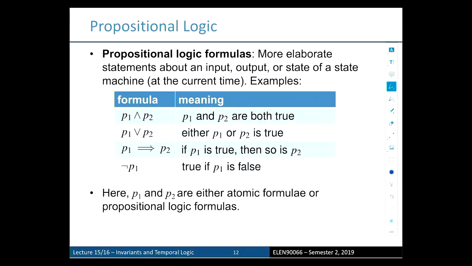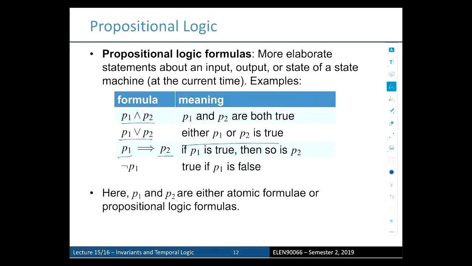We can combine them by an AND operator. P1 and P2 means a condition that both P1 and P2 are satisfied. P1 or P2 is the next one: either of them is satisfied.